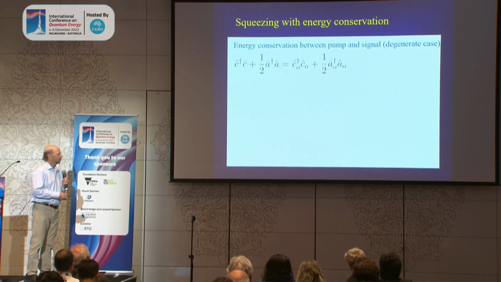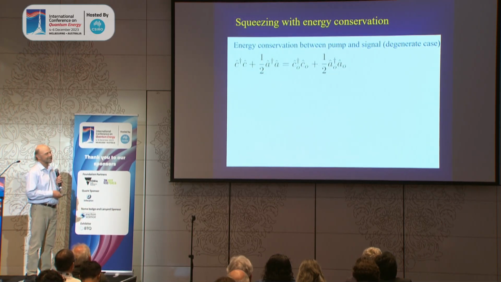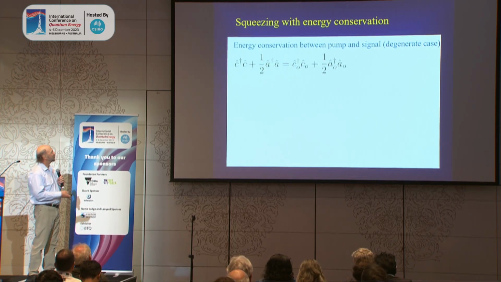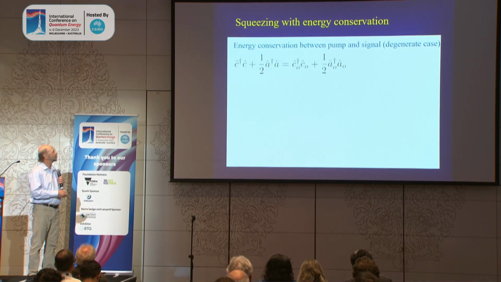Energy conservation just tells us that the number of photons in the pump plus half the number of photons in the signal, because they are at half the frequency, must equal the same thing at the output.